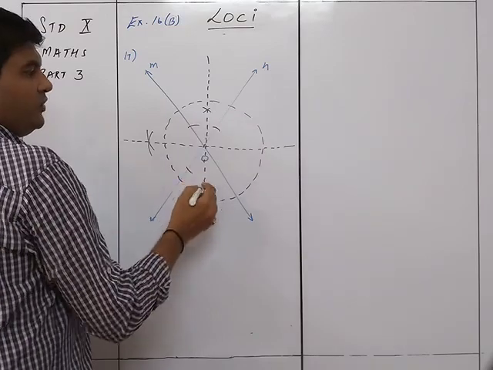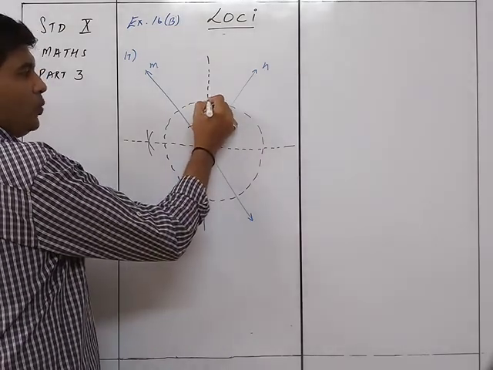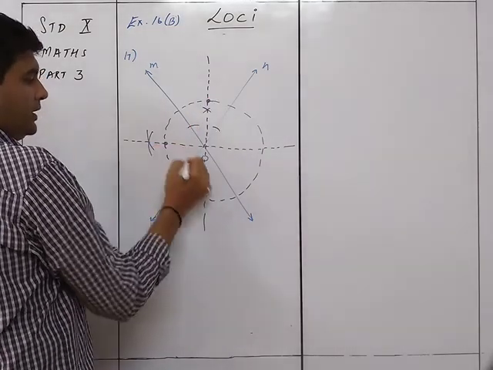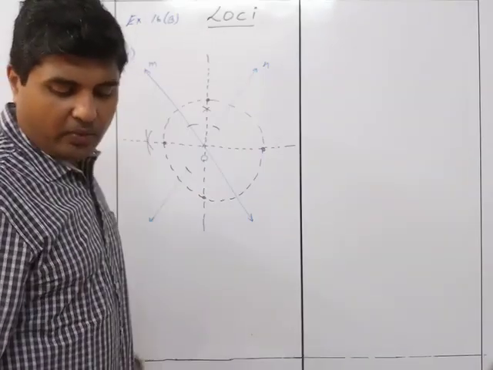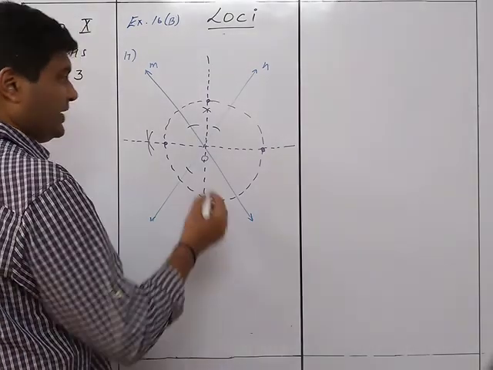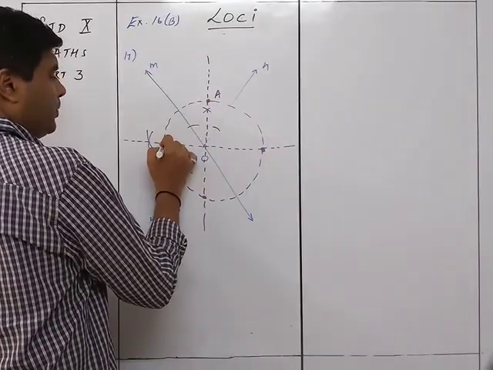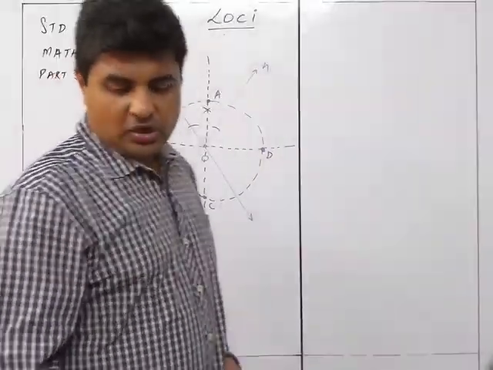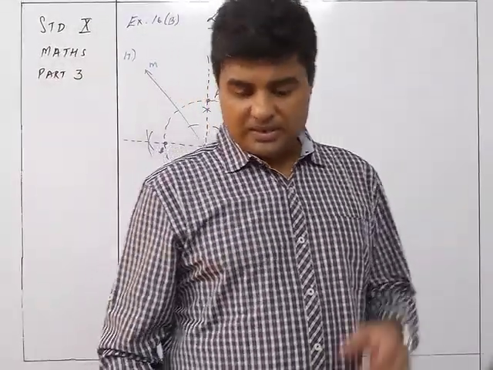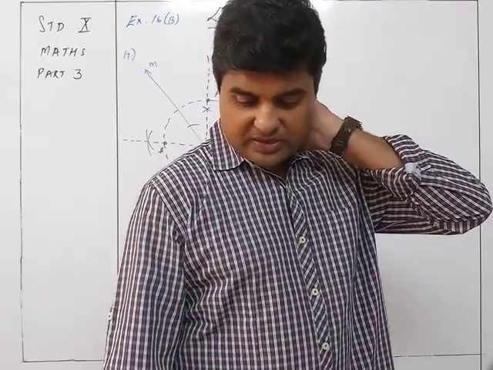So we can see we will be getting point 1 over here, 1 over here, 1 over here, and 1 over here. We'll be getting 4 points. So we wanted to find out 4 points. So this is point A, point B, point C, and point D, the required locus, the answer to question number 17. So that was question number 17.